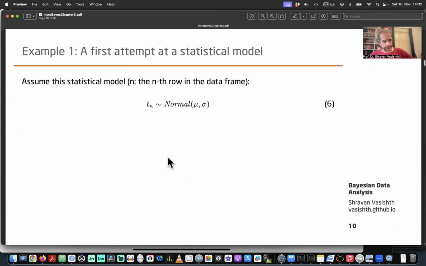So the way we will talk about data in the entire book is as follows. Whenever we have any data set that we are looking at, we are always going to consider the generative process that produced each row in the data frame.